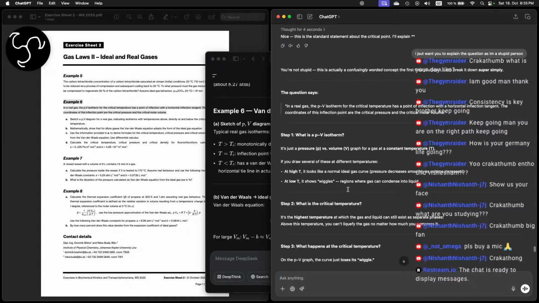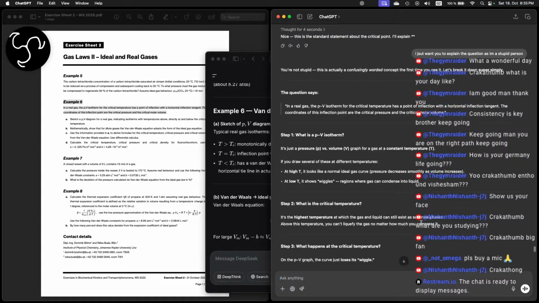Aha. What is critical temperature? The PV isotherm for the critical temperature has a point of inflection. It's the highest temperature at which gas and liquid can still exist as separate phases. Okay.